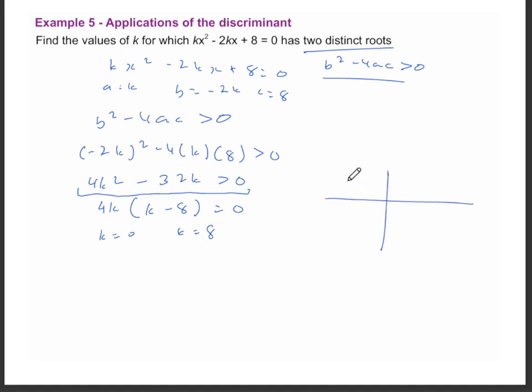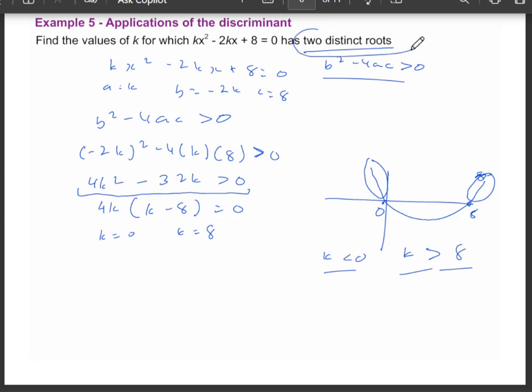So it will look something like this, with k equals 8 and 0, and we want it to be greater than 0. So we want this part right here and this part right here. That means we want k to be greater than 8 and k to be less than 0. And those two are going to be our values of k for which you would get two distinct roots.